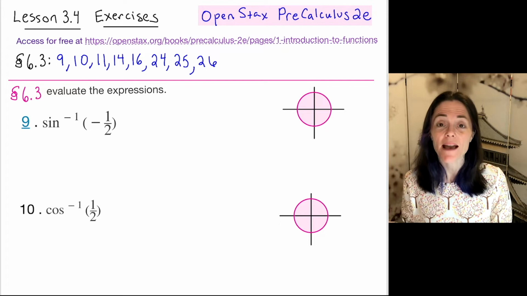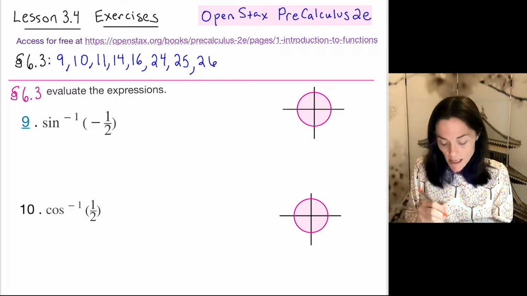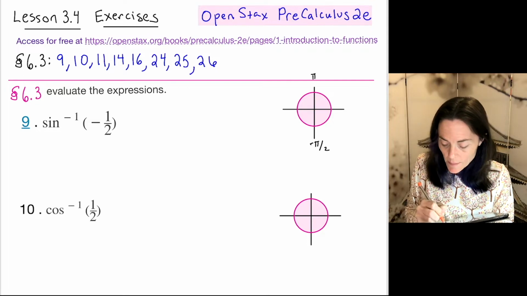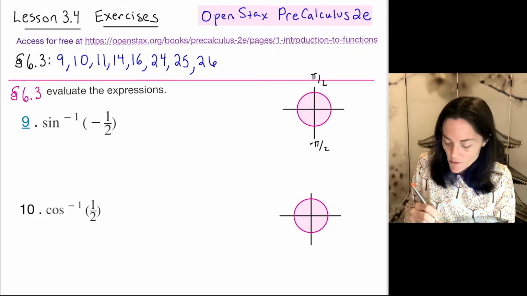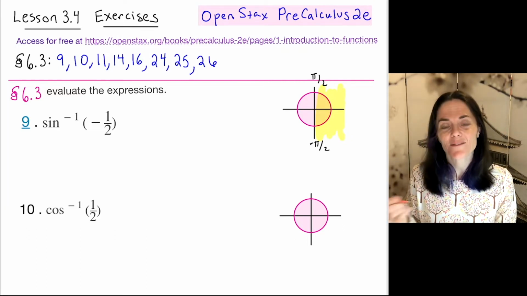I will use a unit circle for each question to help me evaluate an inverse trig function. Every time I have trigonometry involved, it can help me to reference a unit circle. So the first question is about sine inverse, and this will give us an angle between minus pi over 2 and pi over 2. So it's going to give me an angle here, such that the sine value is negative 1/2.